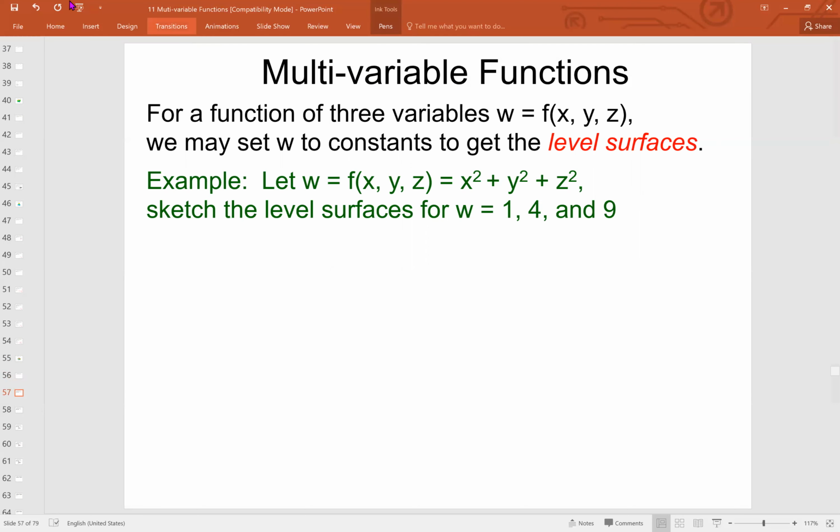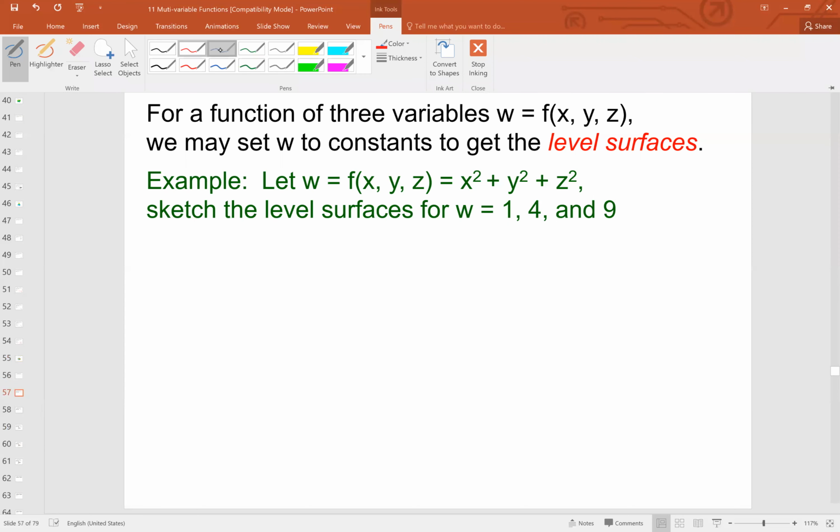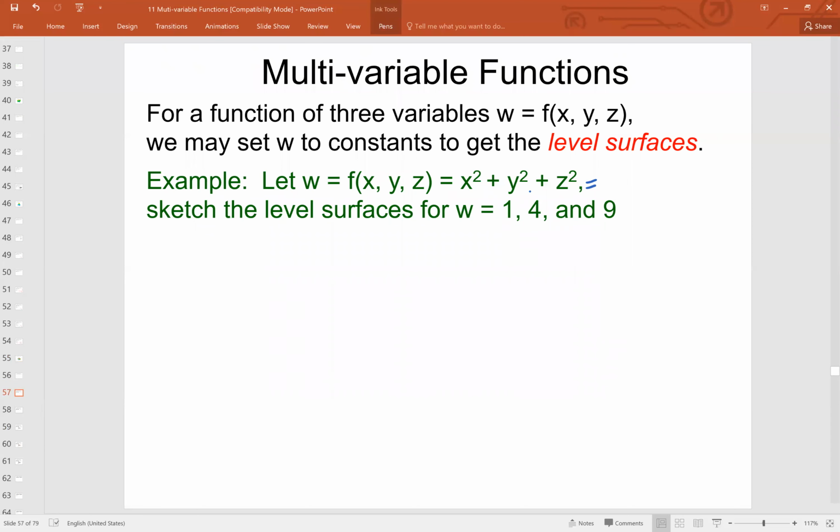So for example, let's talk about these equations. W equal to a function of 3 variables, X squared plus Y squared plus Z squared. If I set W to be 1 or 4 or 9, these are equations of spheres in 3 dimensions, surfaces of spheres. This is in particular X squared plus Y squared plus Z squared equal to 9. This is a sphere of radius 3, right?